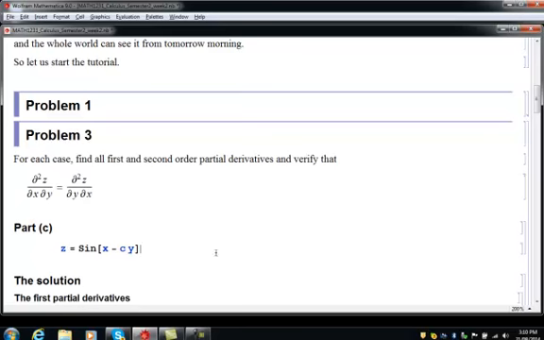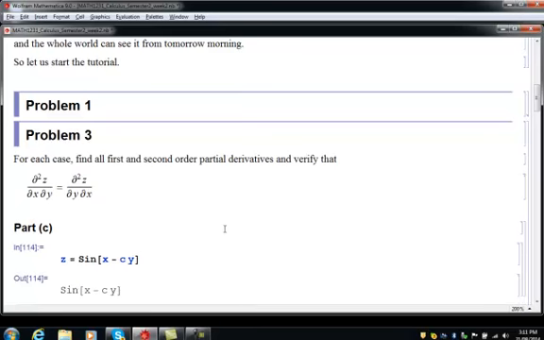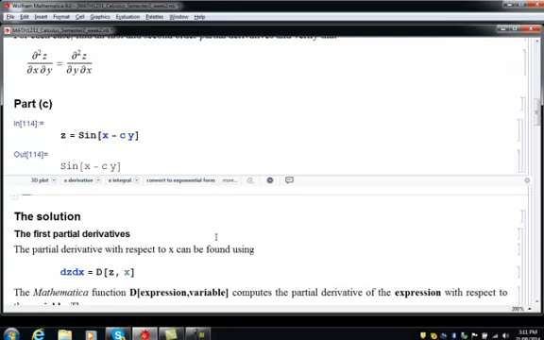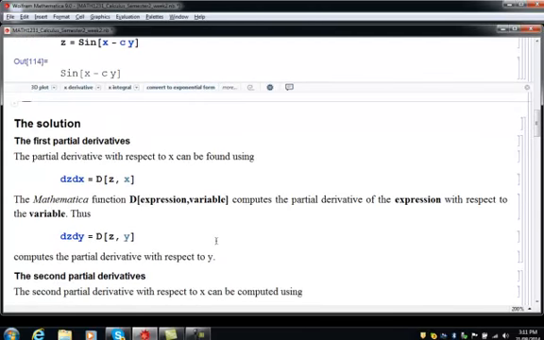So we take this function, part c, z is sine of x minus cy, and we establish that.